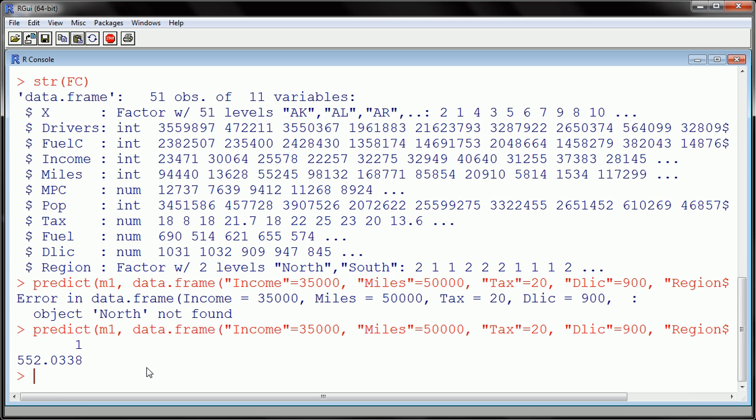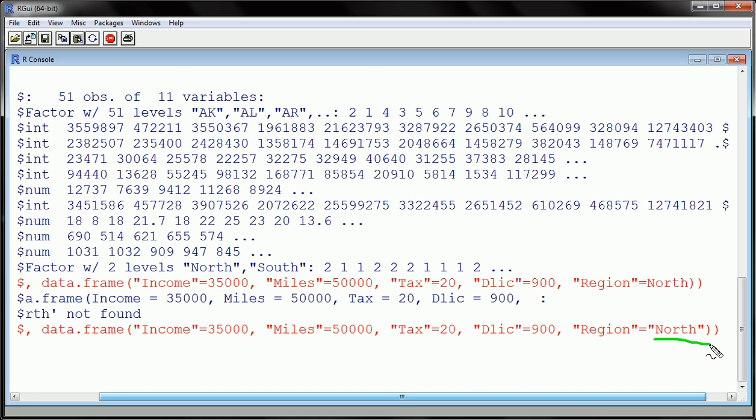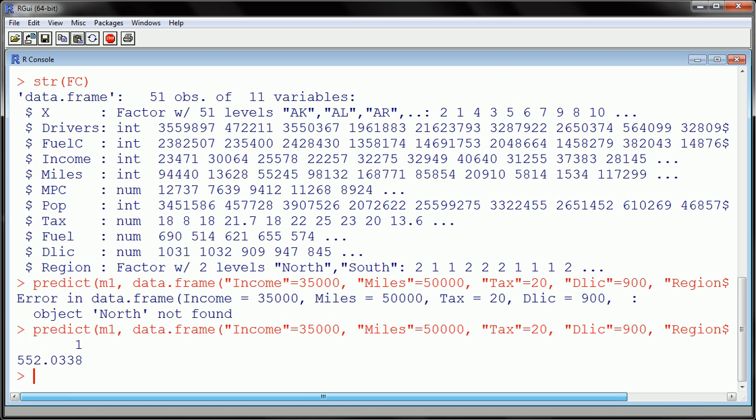Yeah, that worked. So if a state has an average income of $35,000, 50,000 miles of highway, a tax rate of 20%, and notice I didn't put 0.2 because the data was recorded with percentage signs, not as decimals, 900 licensed drivers per 1,000 population above 16, and it's a northern state, those are the characteristics of this particular state.